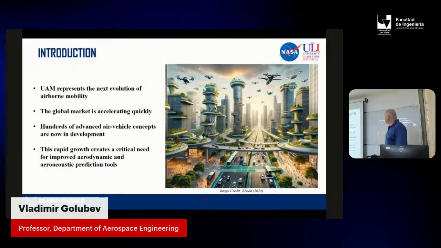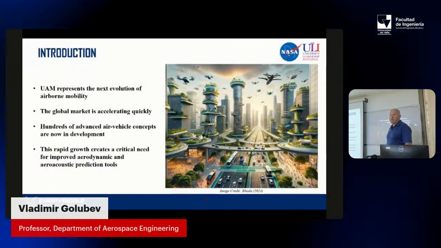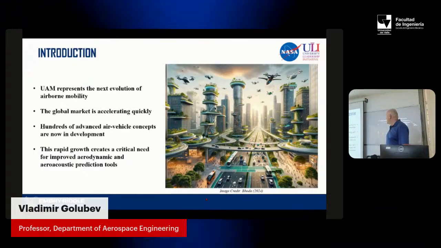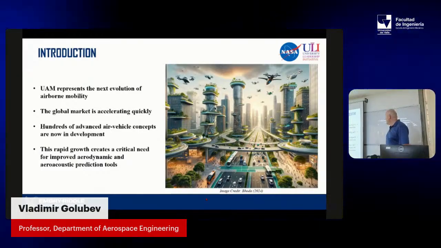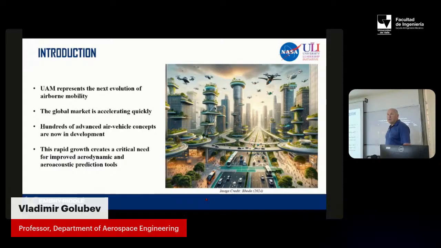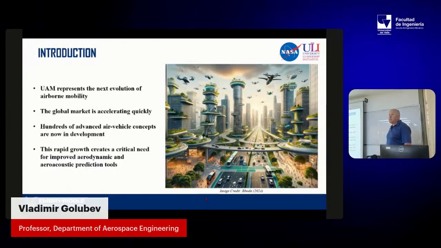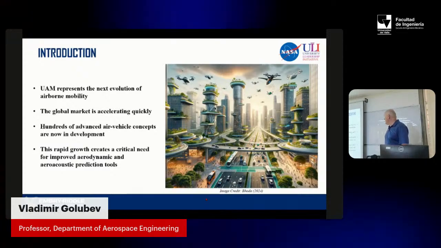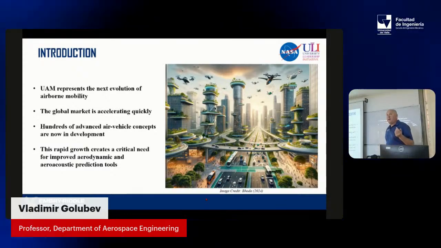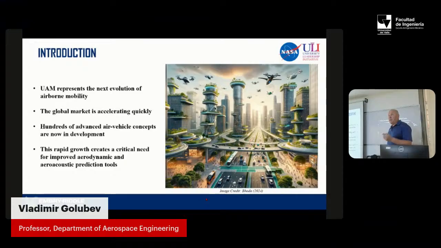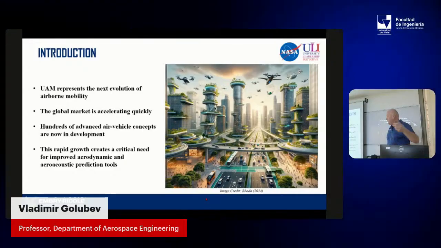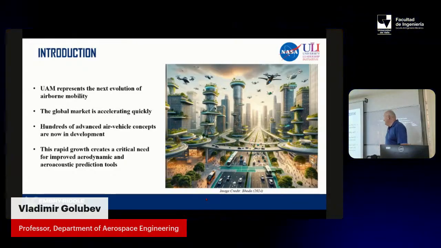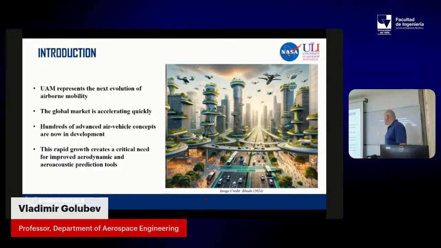So UAM represents the next evolution of airborne mobility. That's basically the key, right? So the global market is accelerating quickly under advanced concepts. I will show later. Literally, there are zillions of companies which already exist in the US and other countries which try to develop this technology. But again, they're all in a waiting mode. I mean, if there will be public acceptance at the FAA, we will accept. That's okay. If not, what's going to happen?